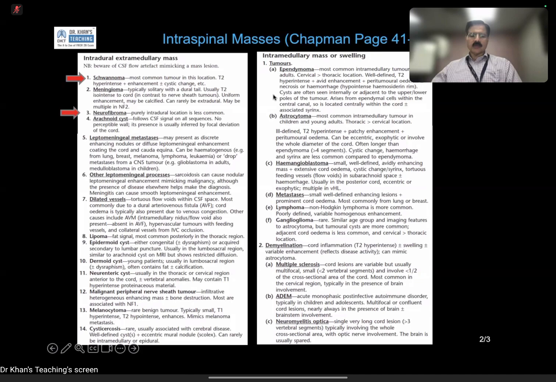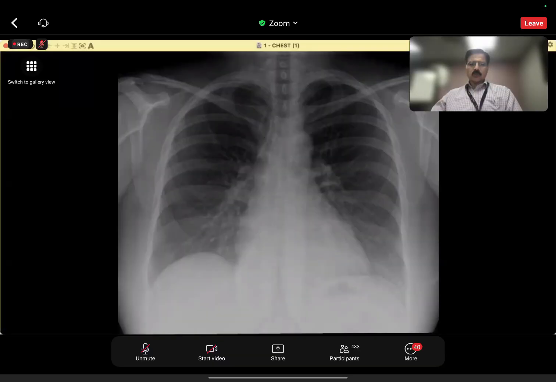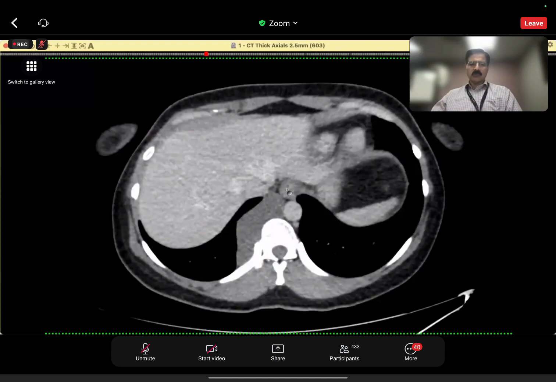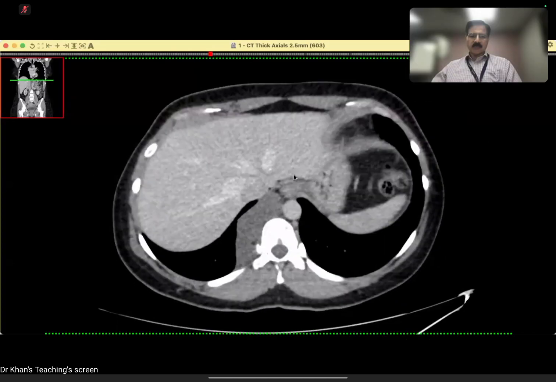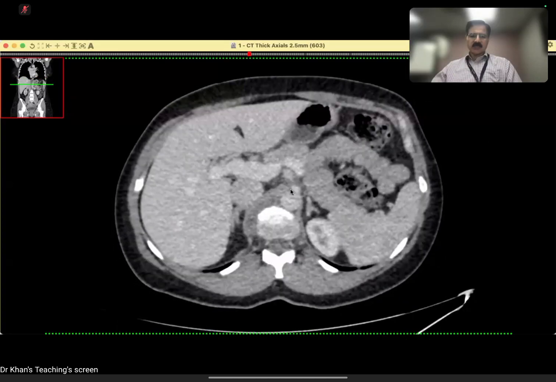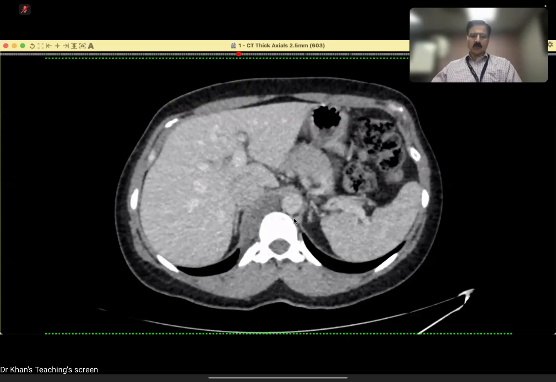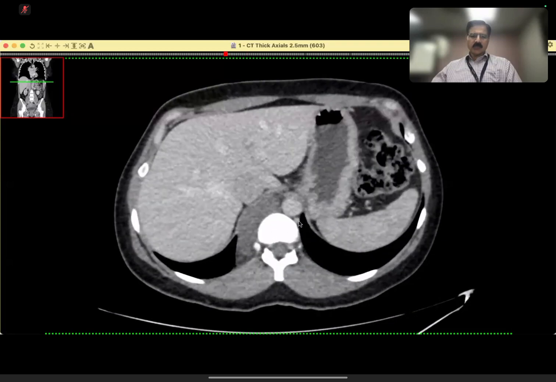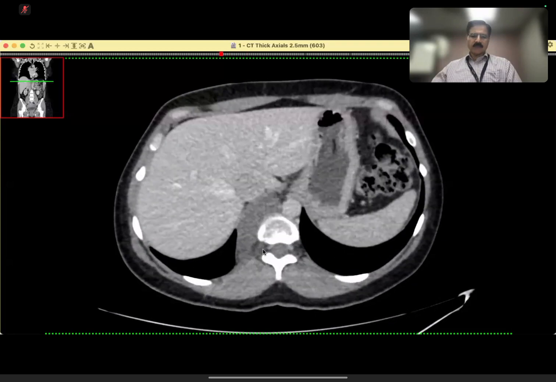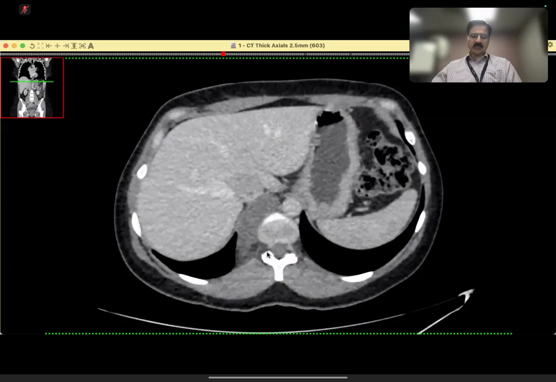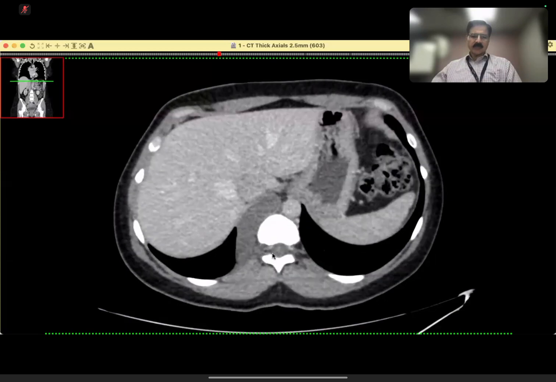So now, the chest X-ray was well picked up. Now on CT scan, we can see that the mass has got low density, and one has to comment on if there is extension into the neural foramen.